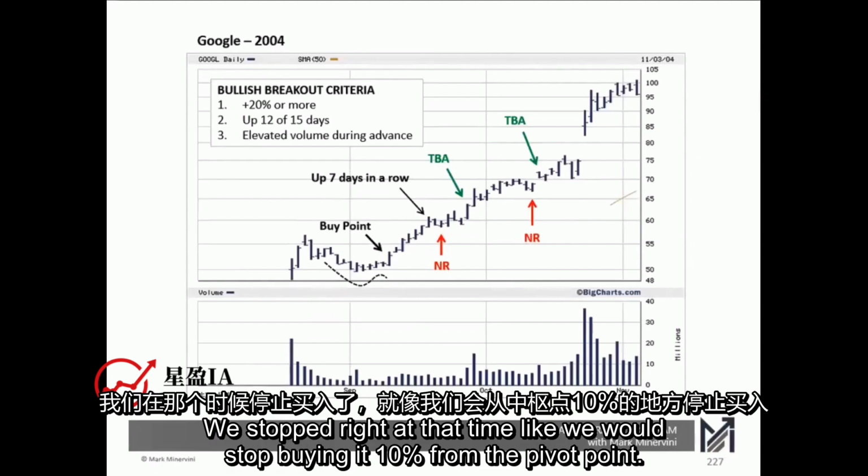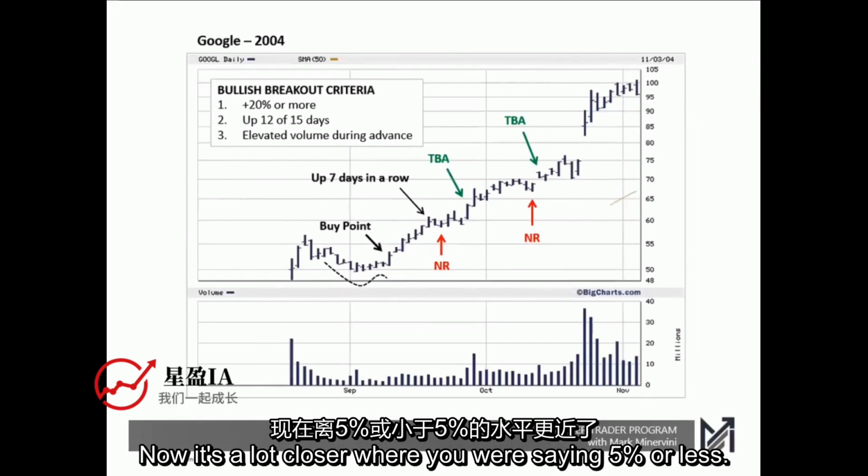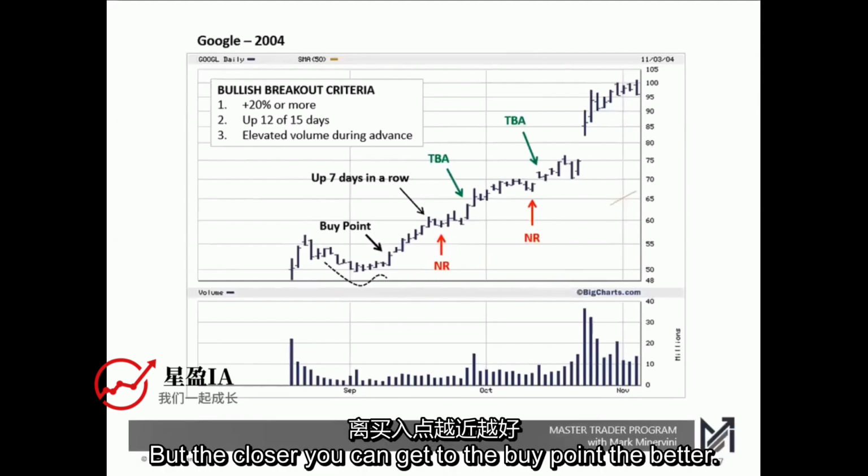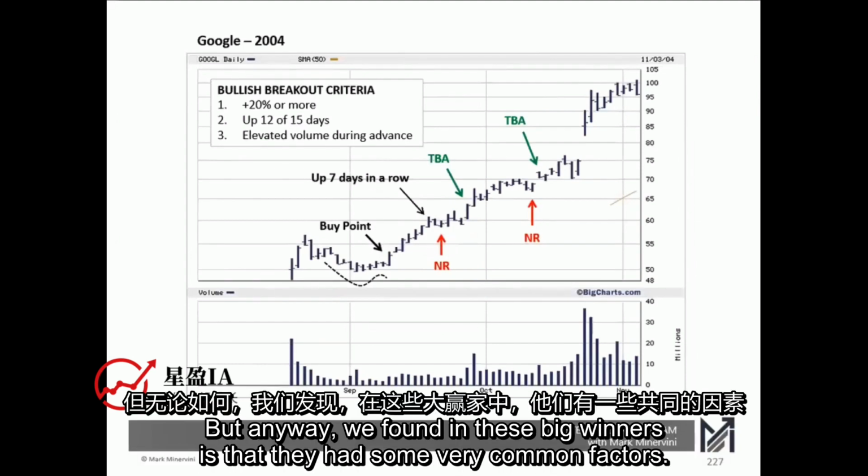At that time, we would stop buying at 10% from the pivot point. Now it's a lot closer, where you were saying 5% or less. The closer you can get to the buy point, the better. But we found these big winners had some very common factors.